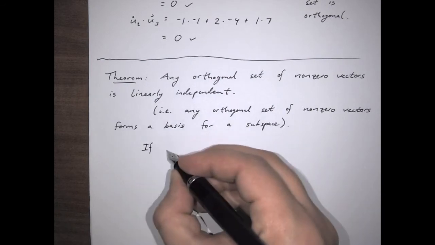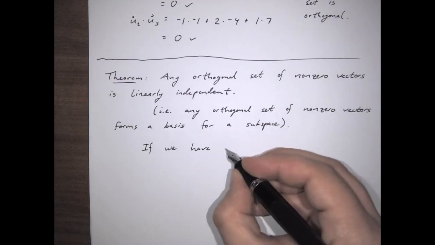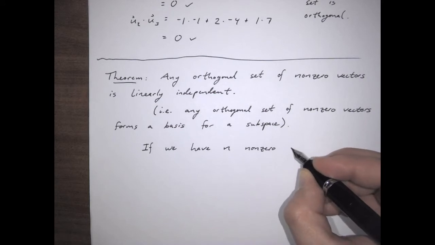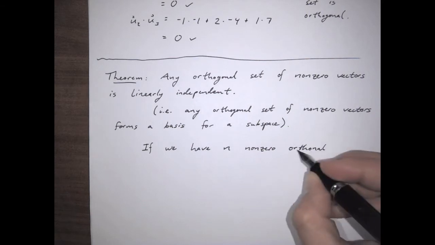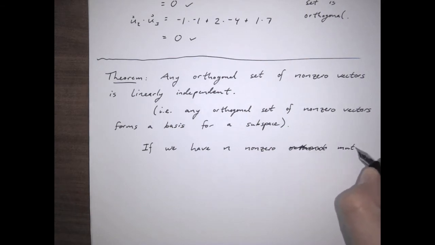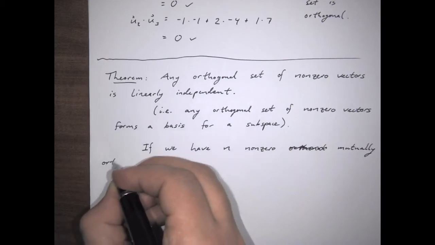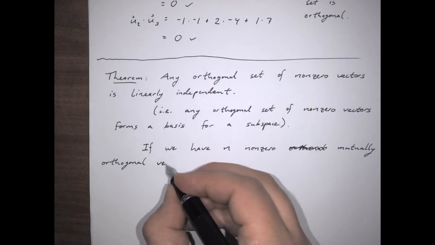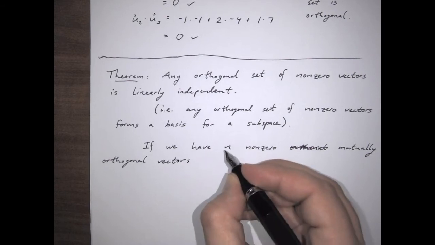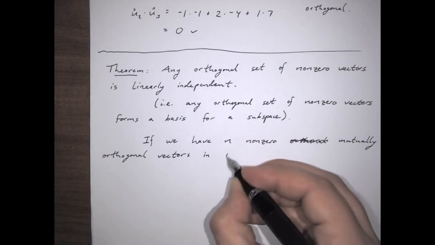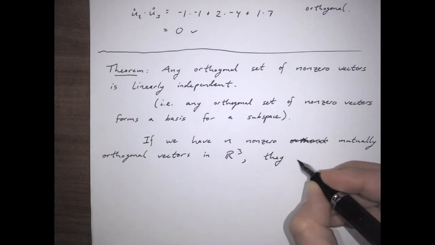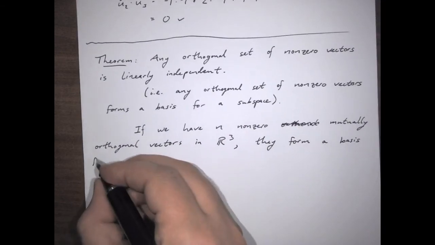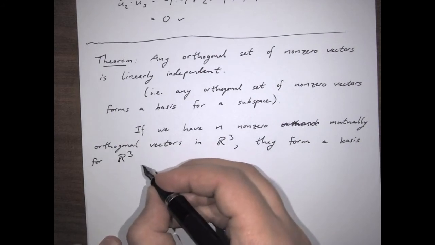If we have n non-zero, let's say mutually orthogonal, vectors in Rn, so in other words, if we're talking about R3, we should have 3 of them, they form a basis for R3, and we call it an orthogonal basis.